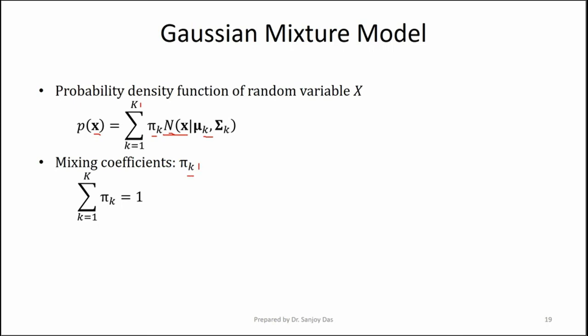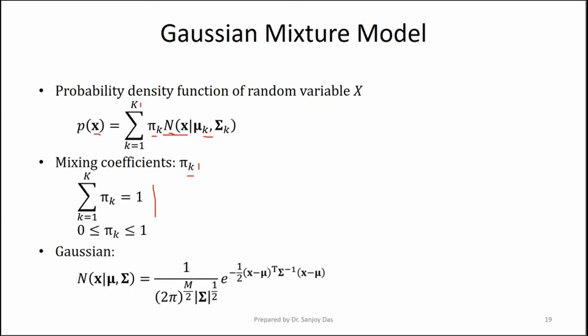The sum of all the pi k's, pi 1, pi 2, pi 3 until pi uppercase K, should be equal to 1, and each pi k lies between 0 and 1 because these are probabilities of the Gaussians being active.